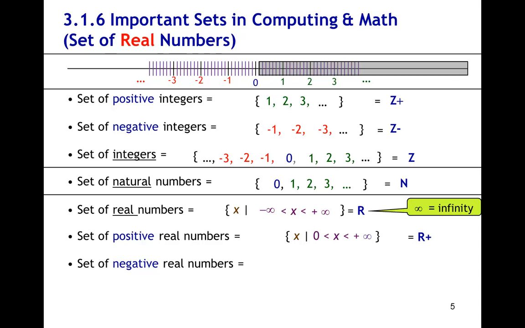The set of negative real numbers, which are all the numbers on the other side of the spectrum, is the set of little x such that x is more than negative infinity but less than 0. And we give it a shorthand of capital R minus. Again, 0 sits snugly in between the two sets.